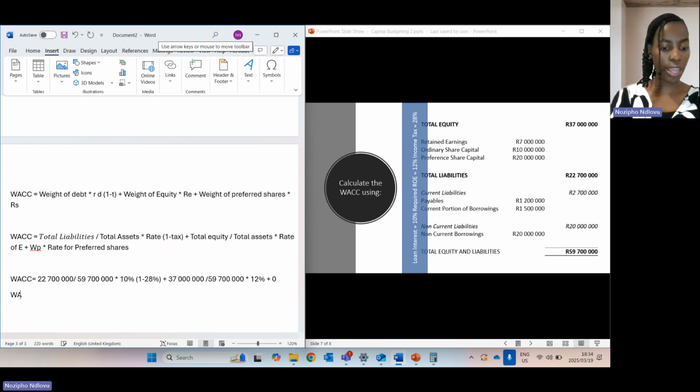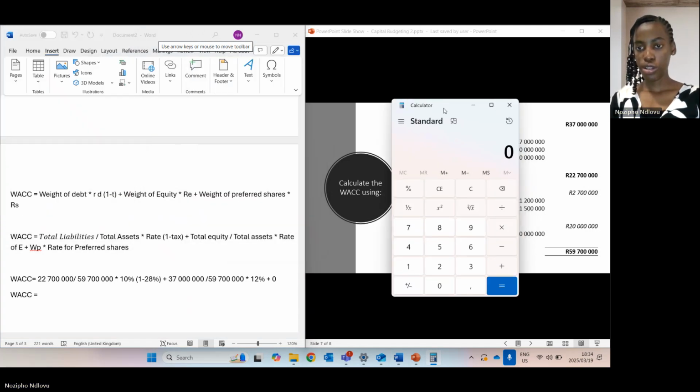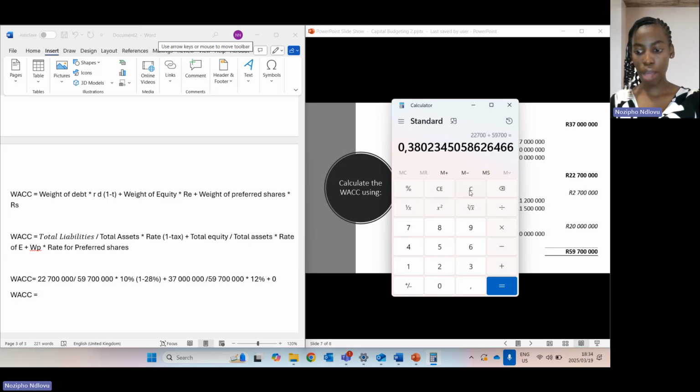So WACC. Okay, if I go to this so that we can make sure that we are all on the same page. If I say 22,700 divided by 59,700, I get my answer. I multiply that by 0.1. I get my answer.